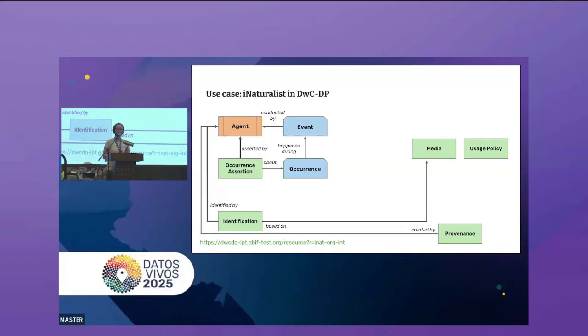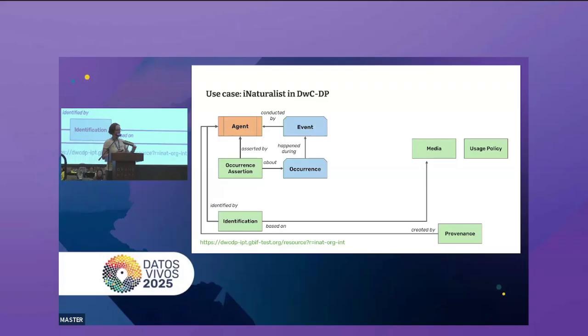So now when we start to put those into this, we see that there was an event conducted by a person. And in this case, it was you. There's not sampling effort. It's just you saw a thing and you took a photo. And the identification of what you saw is based on the media.